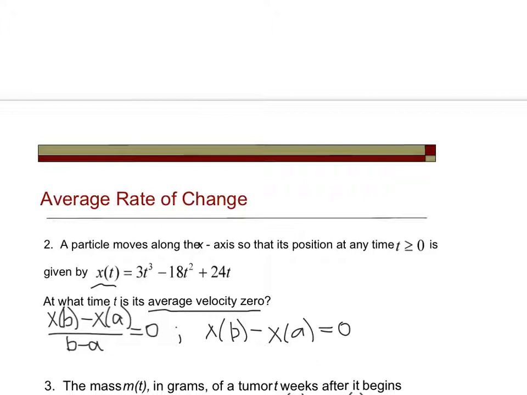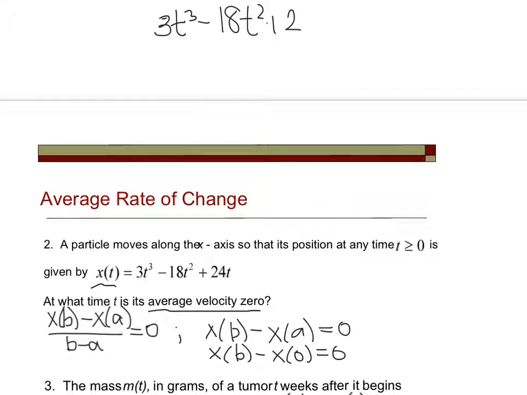Since we are beginning at time equals 0, we would have x of b minus x of 0 equal to 0. Since I'm running out of room, I'm going to go up to the top. x of 0, of course, is 0. So when we look at the function, we have 3t cubed minus 18t squared plus 24t equal to 0.